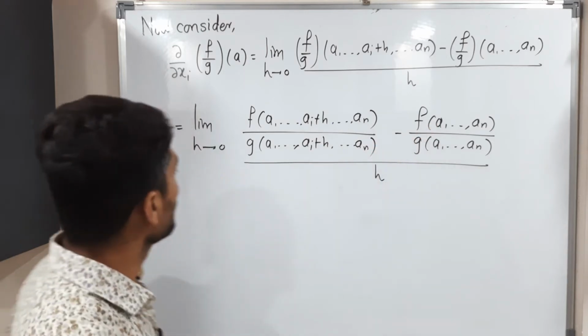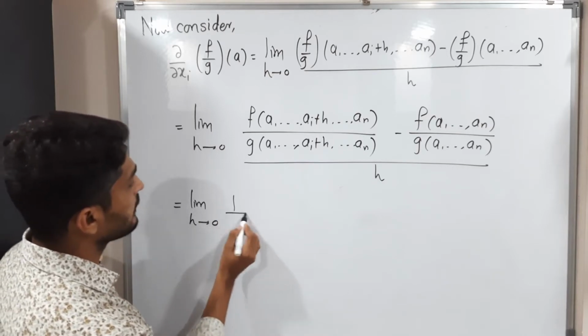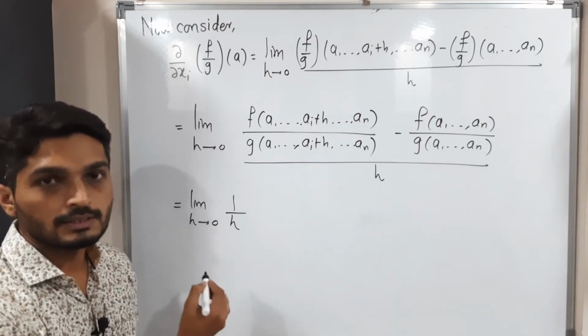Now I am going to cross multiply: product of these two minus product of these two, divided by these two. So this is equal to limit h tends to 0 of 1 by h, which I am writing here since we will not have enough space.